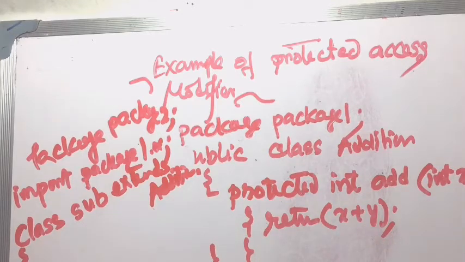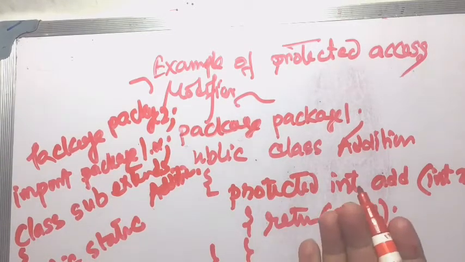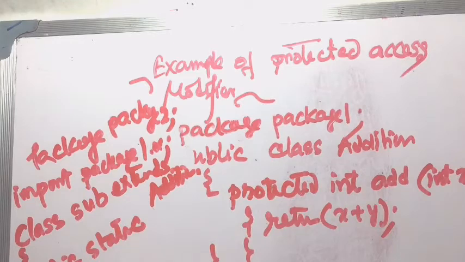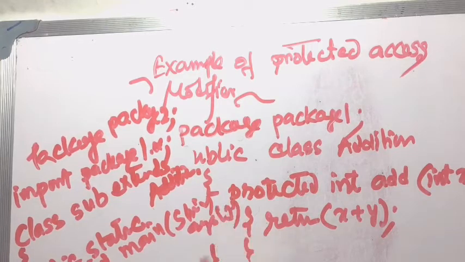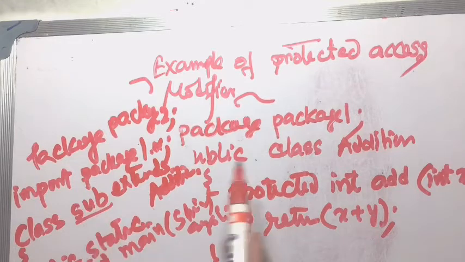Now there is a public static void main. As we are using protected, we can extend. Public static void main String args, and we can create the object. The name of the class is Sub, the extended version of Addition, and the object is s.